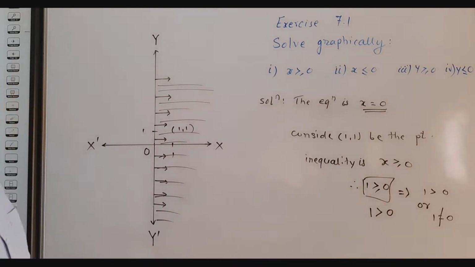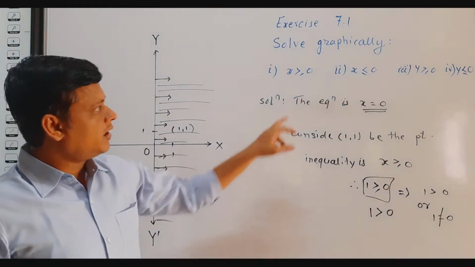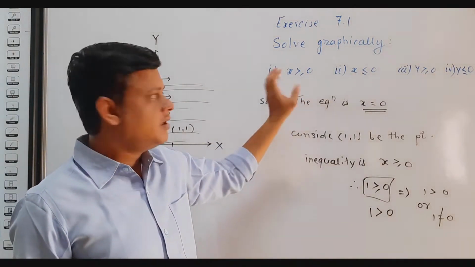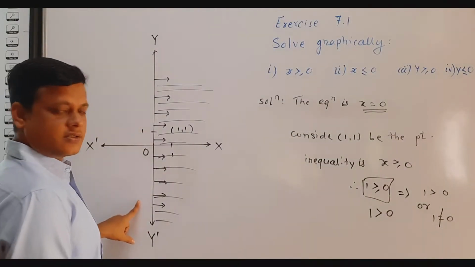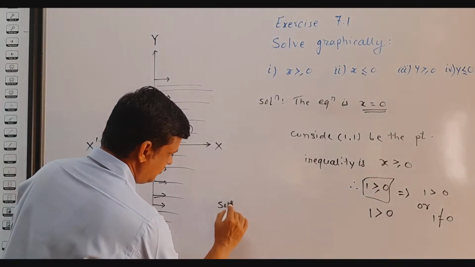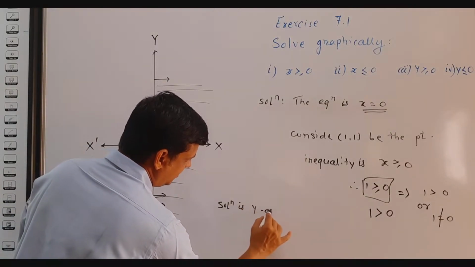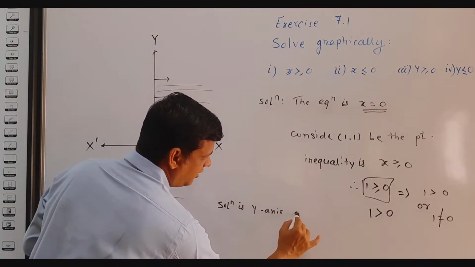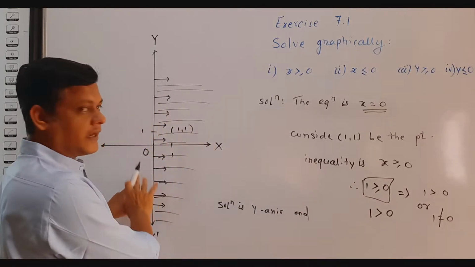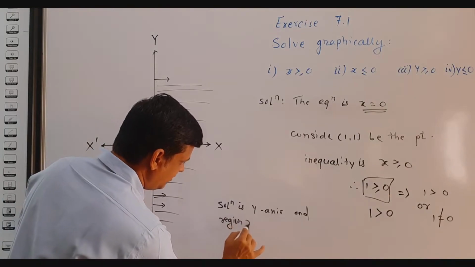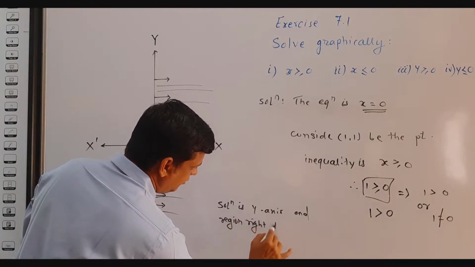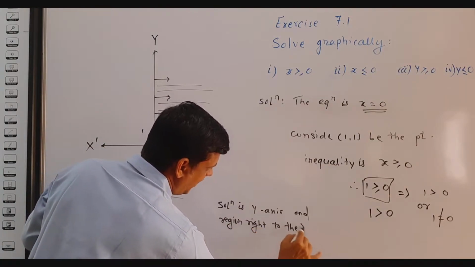So in this way, this is the solution for this first inequality. So we write here one word. Solution is y-axis and the region right of the y-axis.